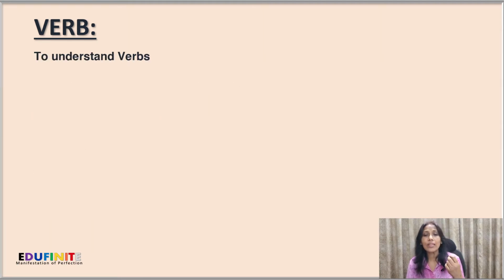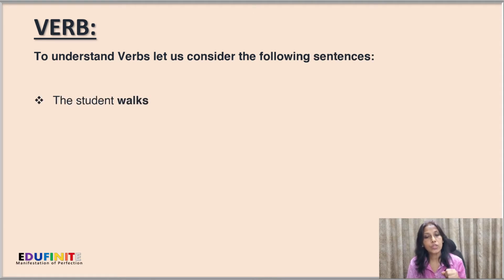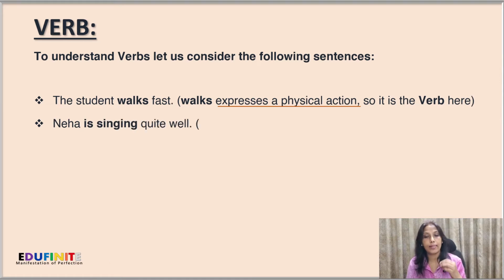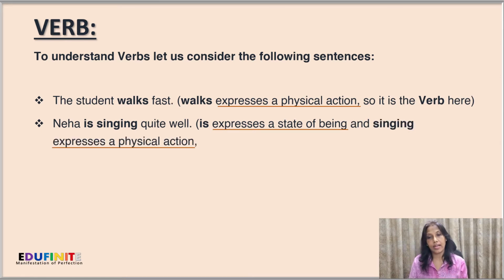Now, to understand the verbs, let us consider the following sentences. The student walks fast. Walks expresses a physical action, so it is the verb here. Neha is singing quite well. Is expresses a state of being and singing expresses a physical action.